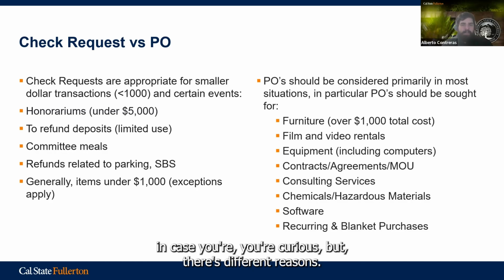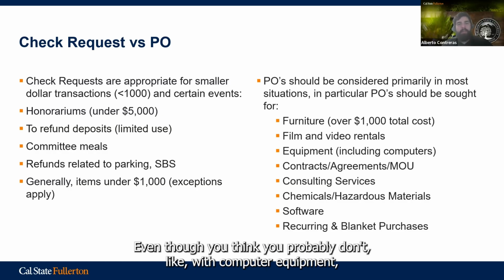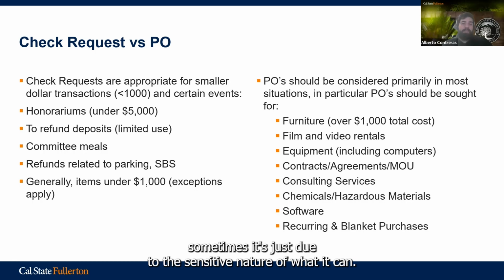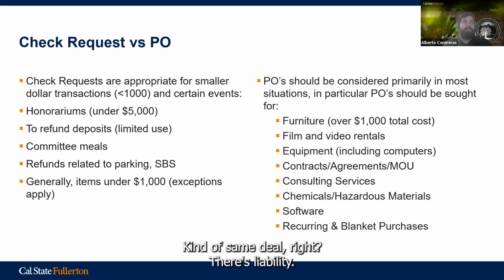But there's different reasons why you may need a PO, even though you think you probably don't. Like with computer equipment, sometimes it's just due to the sensitive nature of the data that it captures, that may require it to run through a PO because we need some additional checks. Consulting services, same deal, right? There's liability.